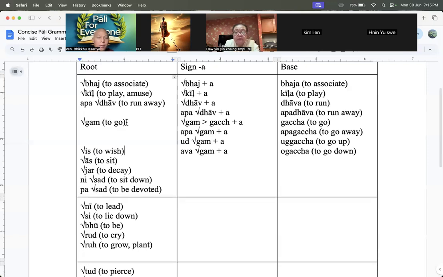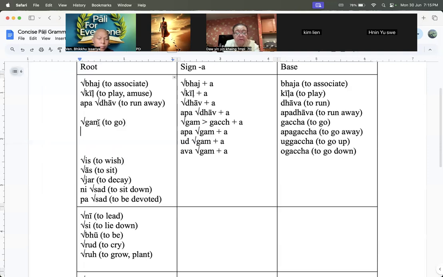And then this root gam, this m changes to ccha. Instead of saying it like this, we can say m to ccha. Yeah, that way is better.